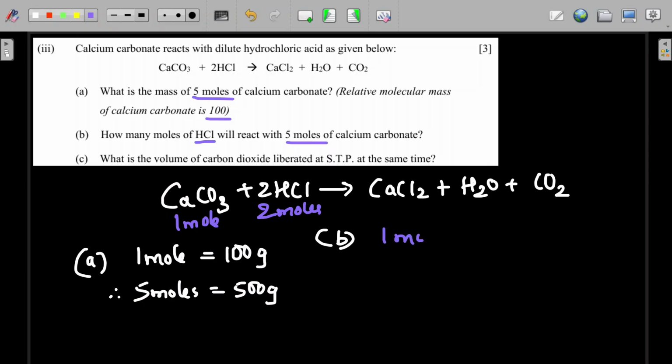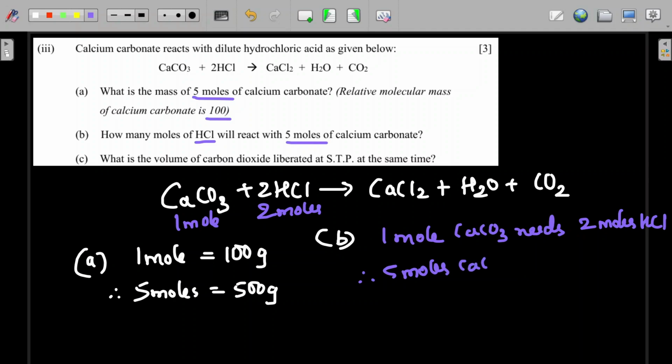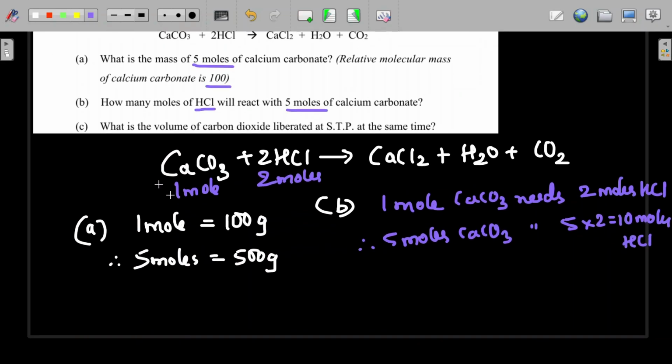Correct? 1 mole CaCO3 needs 2 moles HCl. Therefore, 5 moles CaCO3 needs 5 into 2, 10 moles. Simple. No need to make it complicated.